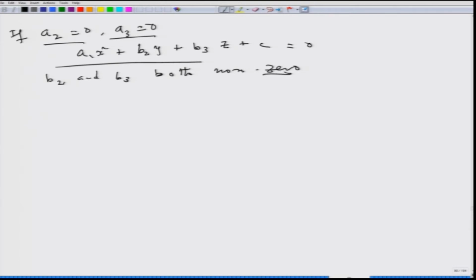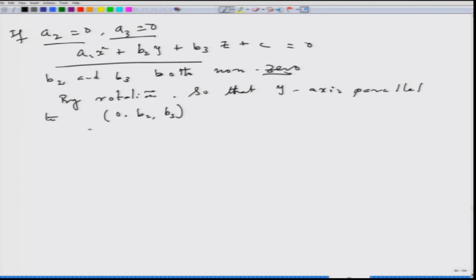Now, if B2 and B3 both non-zero, then by rotation so that y axis becomes parallel to the vector 0, B2, B3, we get B2 non-zero, B3 equal to 0.